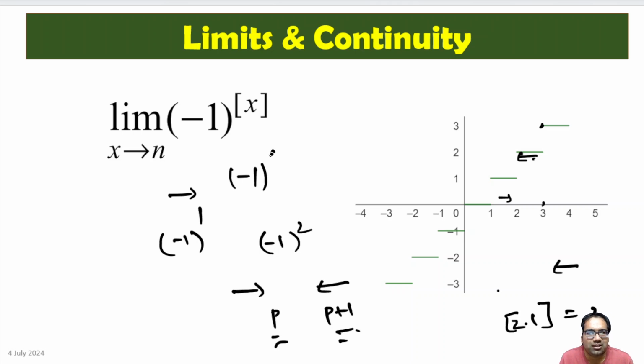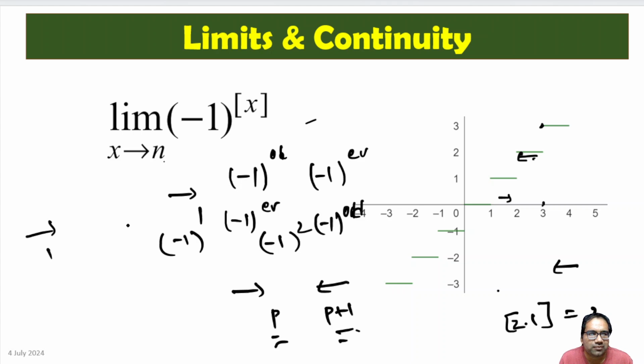In one case minus 1 power odd, in another case minus 1 power even, or vice versa. So whichever integer n it is, from one side you are getting 1 and from the other side exactly the opposite, minus 1, depending on whether n is an even or odd number.